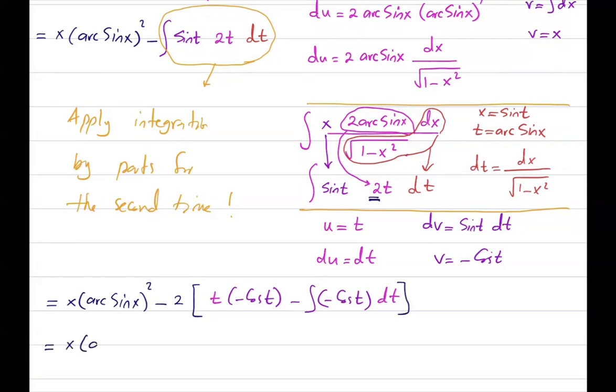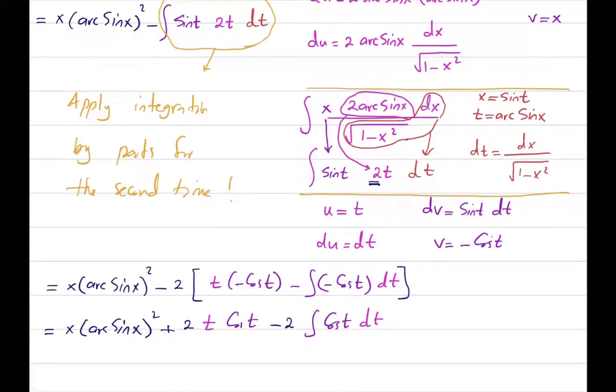So far you have x times arc sine x to the second minus, well, I have negative 2, and you have 2 negative signs. I'm going to, for now, copy these down with different colors because eventually we have to rewrite these in x. You cannot leave it with t. So you have 2 negative signs, another negative sign is outside, you get negative 2 integral of cosine t dt.